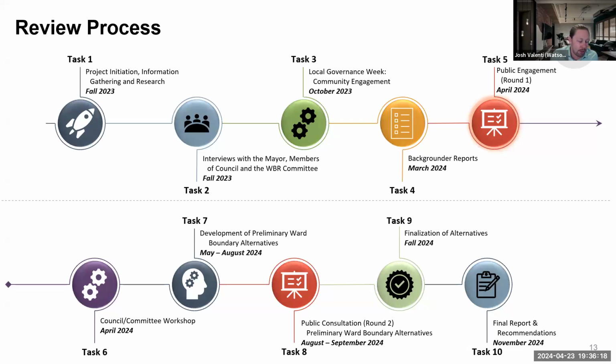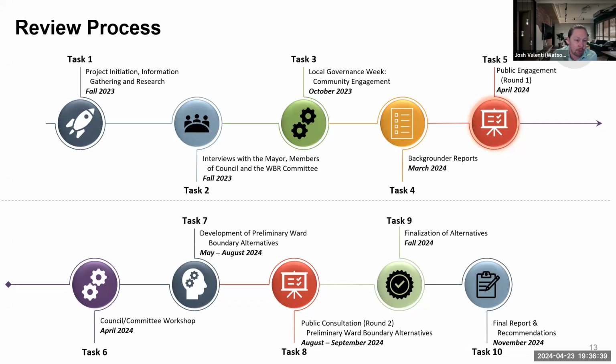In that phase 2 scenario, we start to look at different alternatives if needed. If the current ward system is not as effective as we feel it could be, we are starting to develop and present these preliminary opportunities, which you can see in task 8 as our second round of engagement in late summer, early fall there.